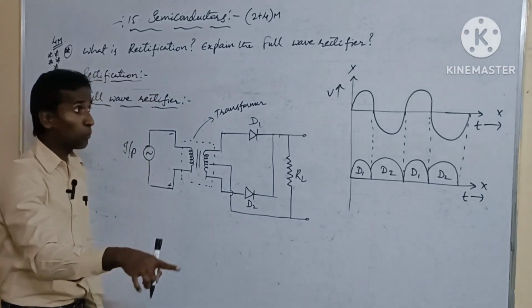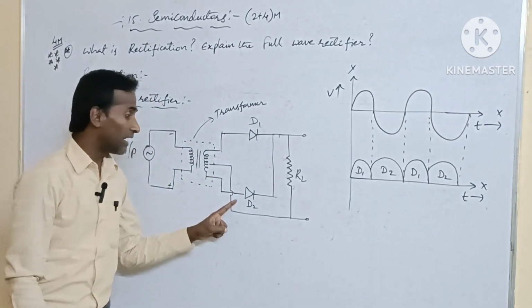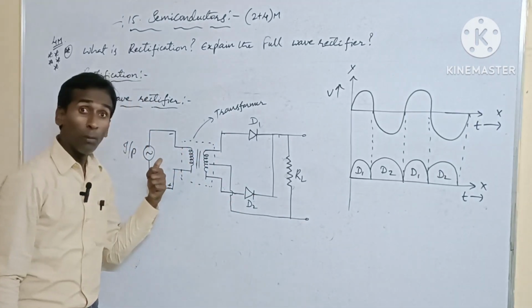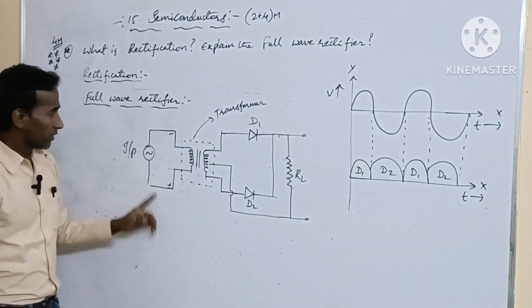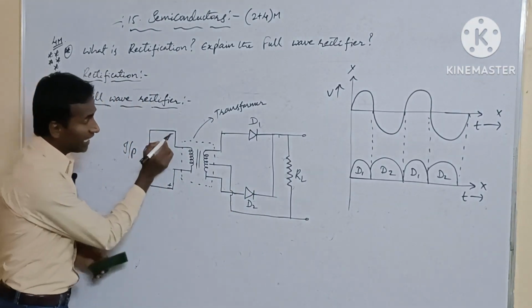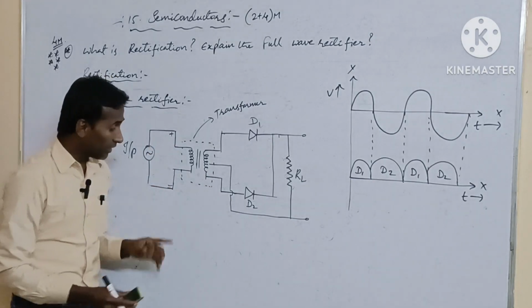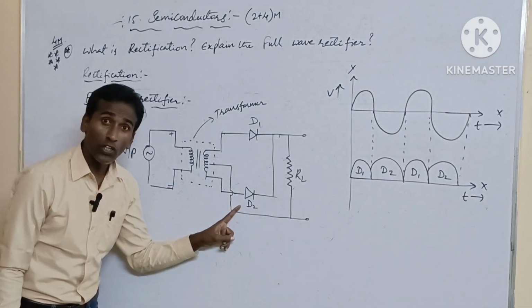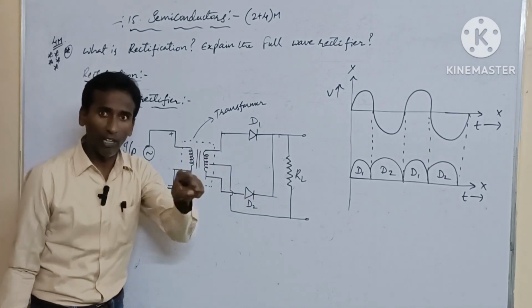At this position, diode D1 is in forward bias and diode D2 is in reverse bias. If you change the positive and negative, then the current passes through diode D2. Then diode D2 is in forward bias and D1 is in reverse bias.